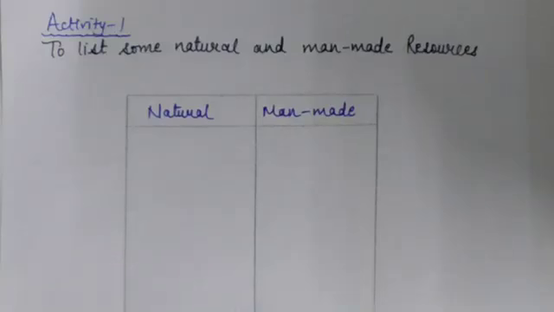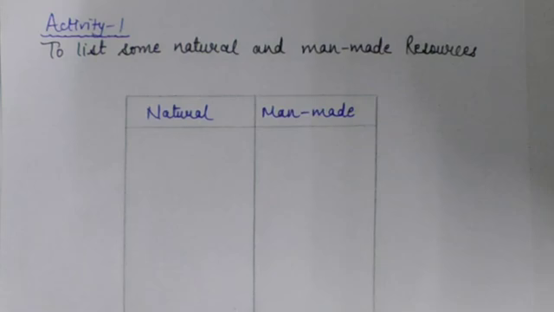As we know, we use various materials for our basic needs. Some of them are found in nature and some have been made by human efforts, means some materials are made by us.